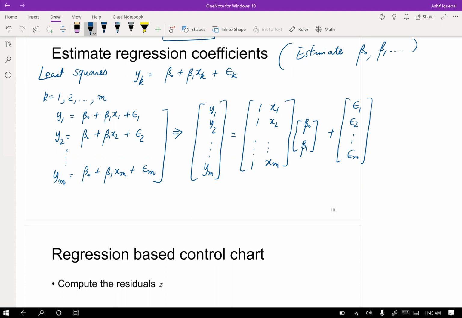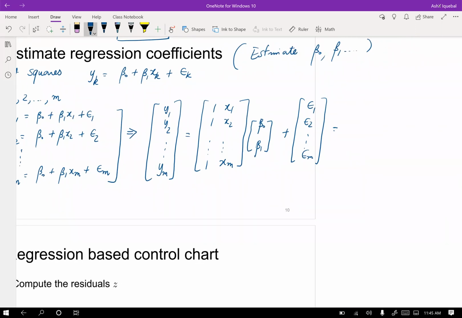I basically converted this system of linear equations into the form of different matrices. Now I can also write this as capital Y equals capital X times beta plus epsilon. Now these are all matrices and vectors, so I will put an underscore here to denote that these are not scalars but vectors. So beta under bar is nothing but beta 0 and beta 1. So this is your matrix notation.